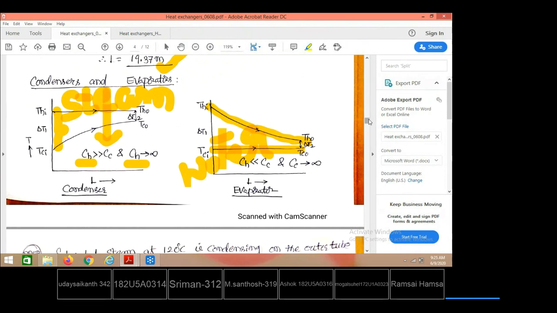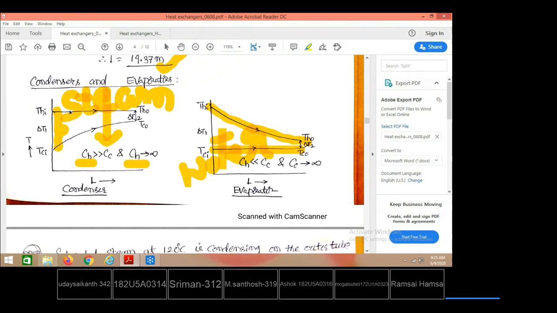In the case of evaporators, the cold fluid remains constant. In the case of condensers, the hot fluid remains constant, but it will undergo the phase change. Here the cold fluid undergoes the phase change, and the other fluid just changes temperature without undergoing phase change. In the case of evaporator, one fluid is undergoing the phase change. In the case of condenser, one fluid is also undergoing the phase change.